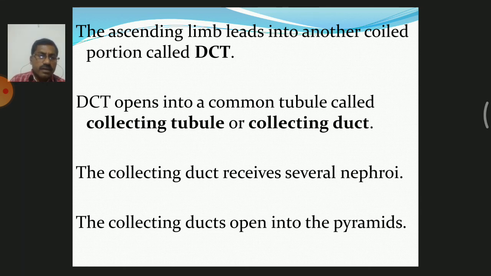The collecting duct receives several nephrons, so a number of nephrons open into the collecting duct. Then the collecting ducts open into the pyramid-like structures. The pyramid-like structure finally opens into the minor calyces, then the major calyces, and finally into the pelvis region.